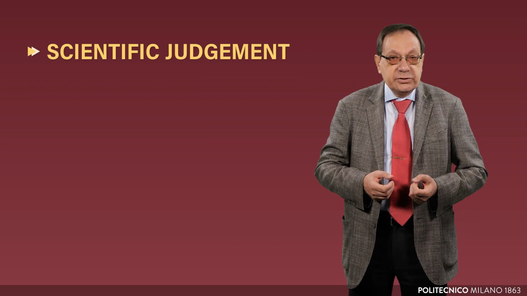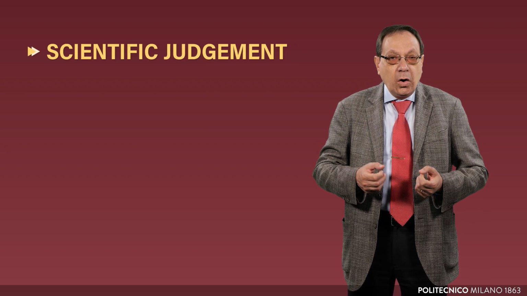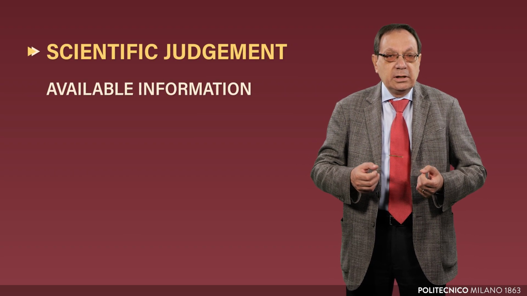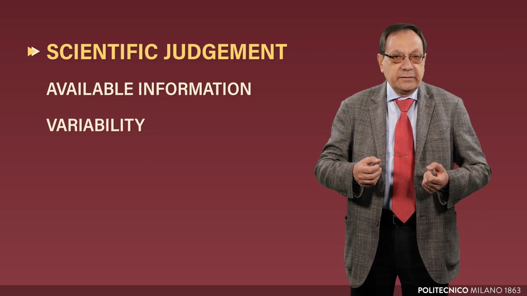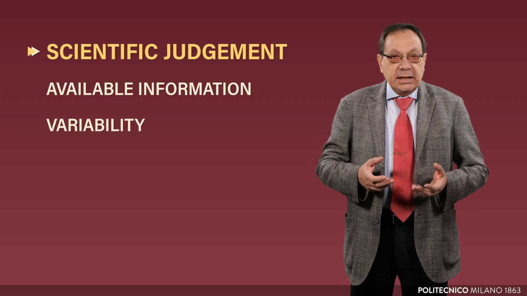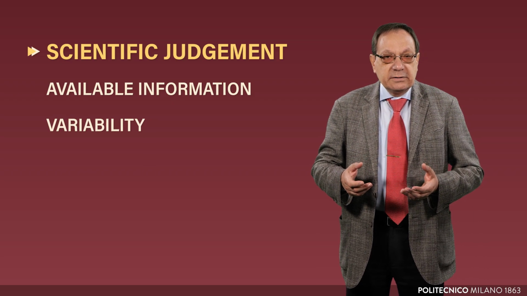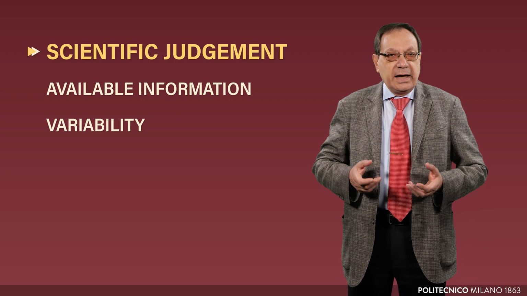Once again, the GAM helps us establishing that the standard uncertainty can be evaluated by means of a scientific judgment based on all of the available information on the possible variability of the measurand. Let's then begin by asking ourselves what kind of information is available.